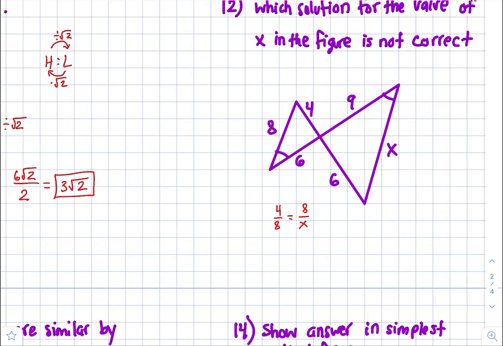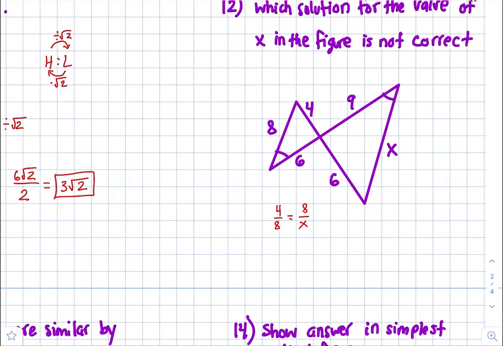The reason being is it's 4 over 8, and then it has 8 over x. Remember, the way you make a proportion has to be consistent. There is no consistency when it comes to that. It should have been something like this over this then.